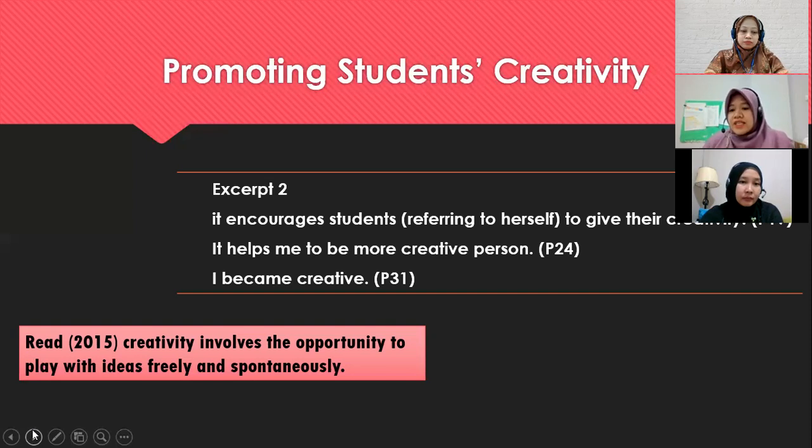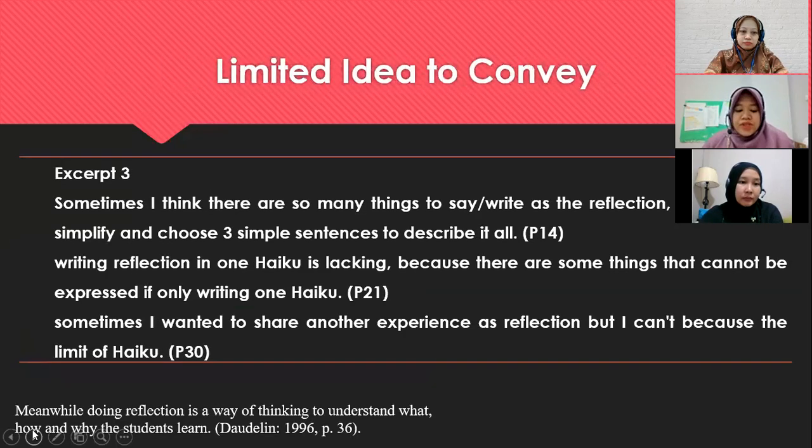And then the third finding related to our research question is limited idea to convey. As we can read in the excerpt, students experience difficulties in expressing their ideas into fixed syllable and line, because haiku only has 17 syllables, which is divided into 3 lines and 5, 7, 5.